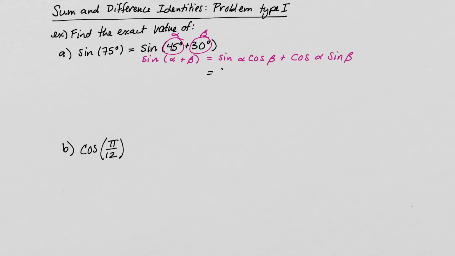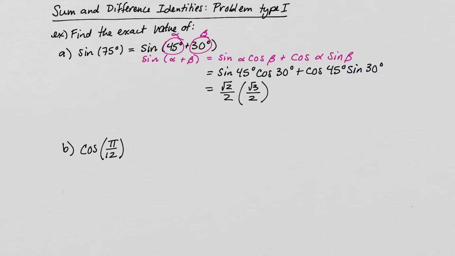So we're talking about the sine of 45 degrees, the cosine of 30 degrees, plus the cosine of 45 degrees, sine of 30 degrees. If you look these up on the unit circle, the sine of 45 degrees is root 2 over 2. The cosine of 30 degrees is root 3 over 2.